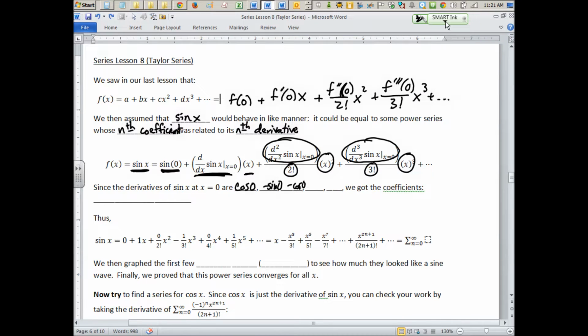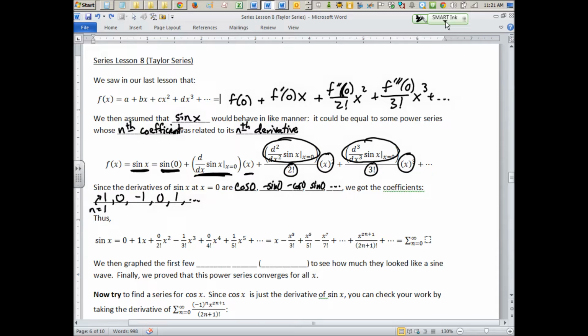Negative cos 0, sine 0, etc. We just get coefficients like 1 and 0 and negative 1 and 0 and positive 1, etc. And this is all starting with the n equals first term.